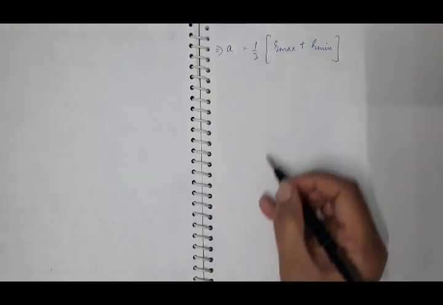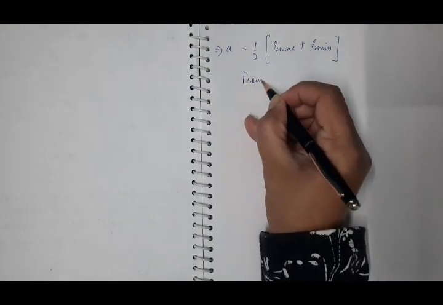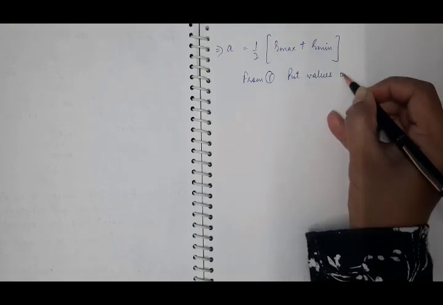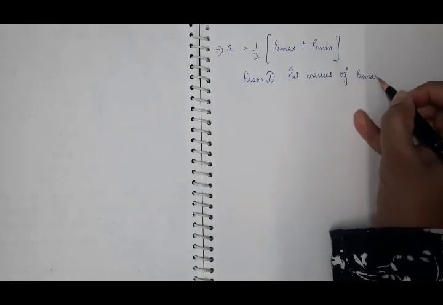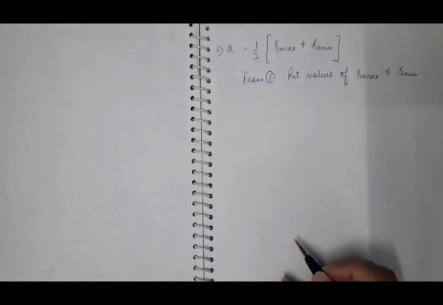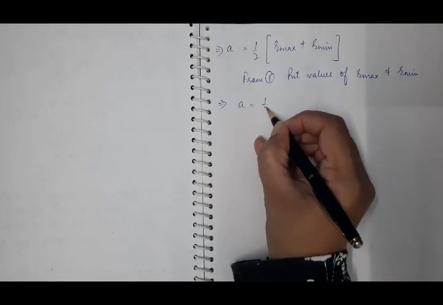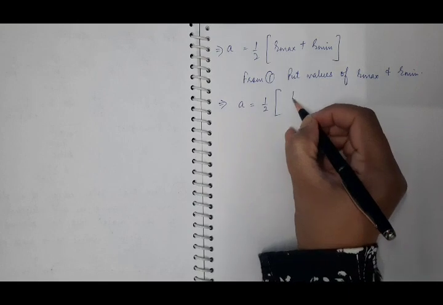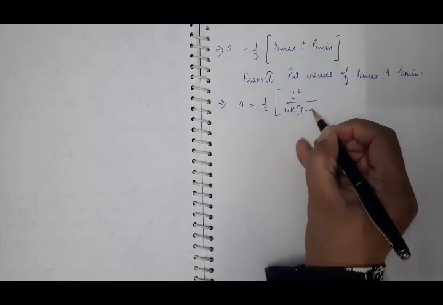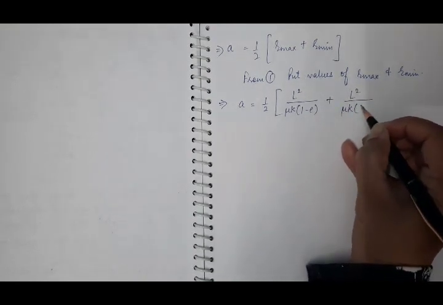Now from equation 1, put the values of R maximum and R minimum. So we have a is equal to 1 by 2 times [L square by mu k into 1 minus e plus L square by mu k into 1 plus e].